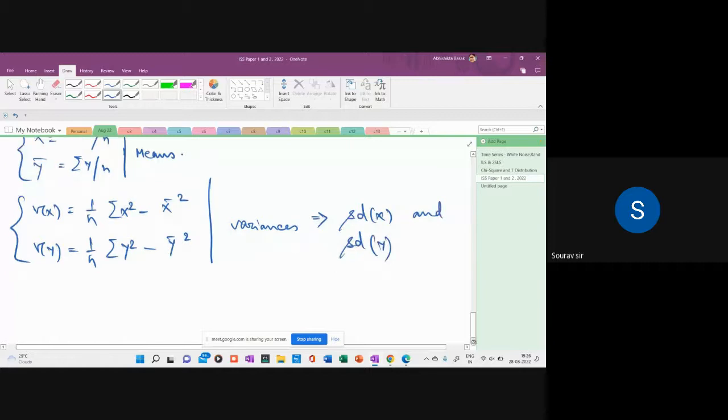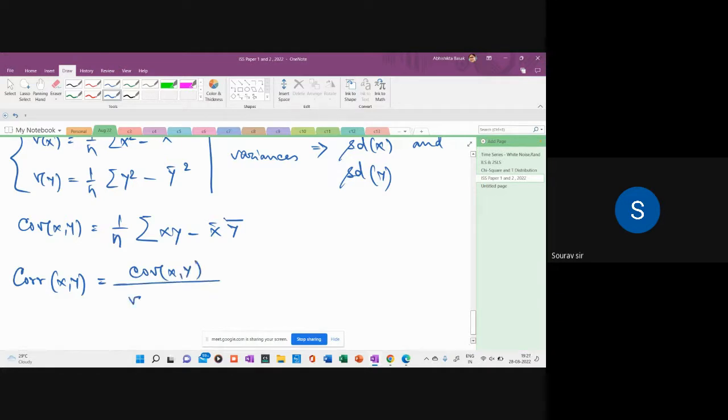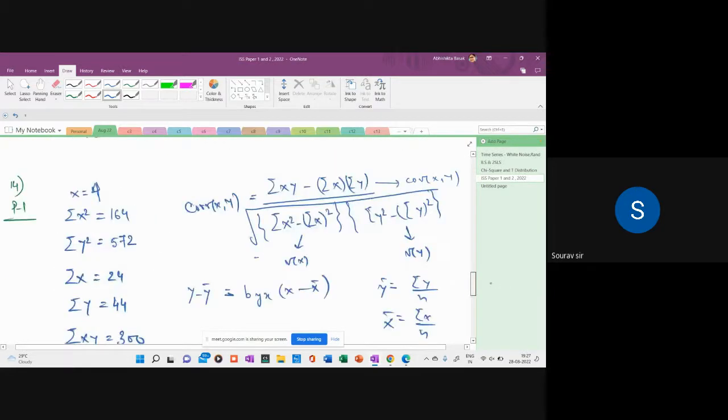Next we are going for the covariance xy, which is 1 by n summation xy minus x bar into y bar. So this is covariance, and ultimately correlation xy is going to be given by covariance xy by the square root of variance of x into variance of y.